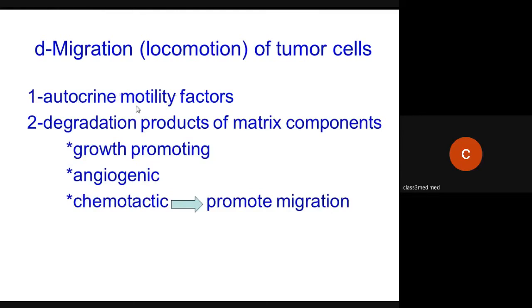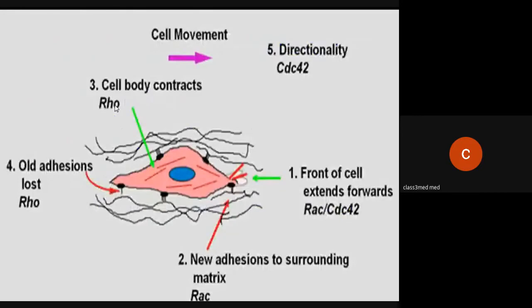These are factors produced by the metastasizing tumor cells to enable the cell to move, to locomote through the degraded extracellular matrix.